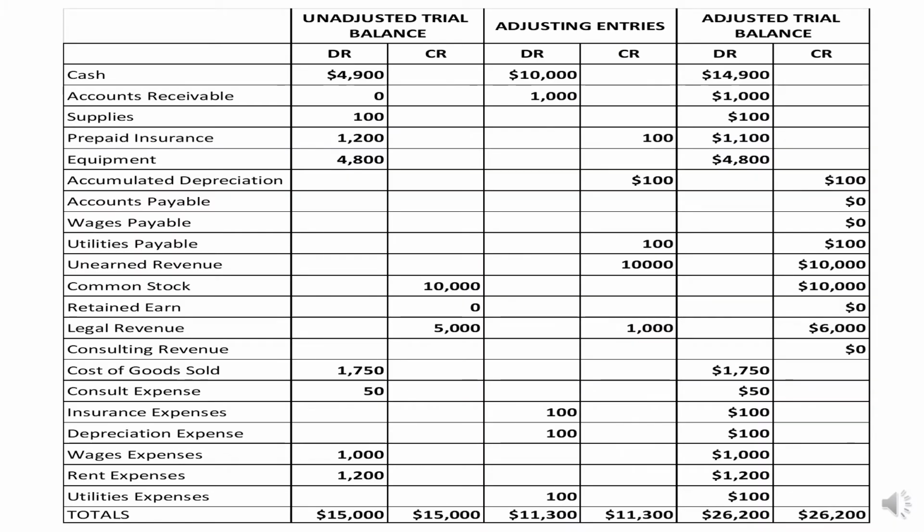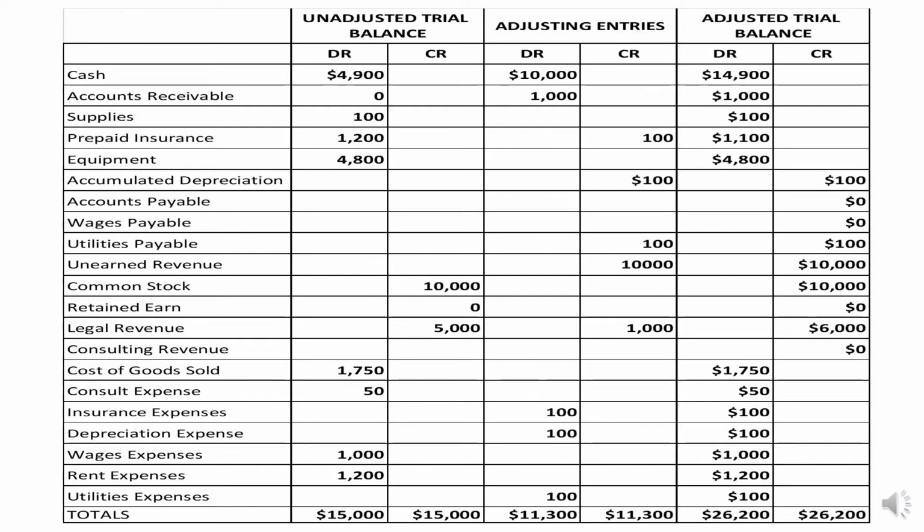Here we see Saul's trial balance, which records his initial transactions from starting up his business and conducting his business, the adjusting entries that we made at the end of the period to make his financial statements reflect reality, and finally the adjusted trial balance, which shows the total amount of all transactions after having made those adjustments. We can also see that the adjusted trial balance shows the same pattern and schema as our trial balance.